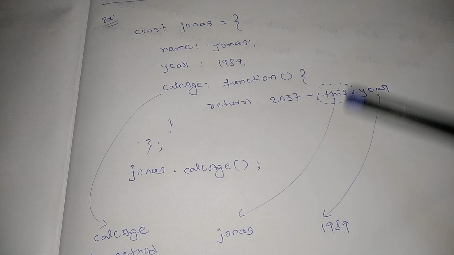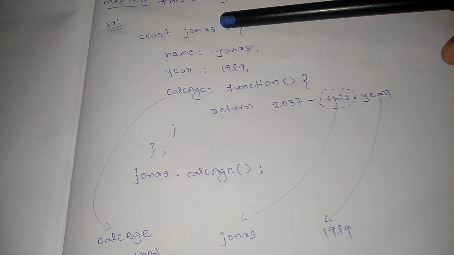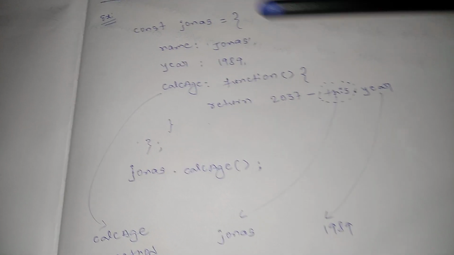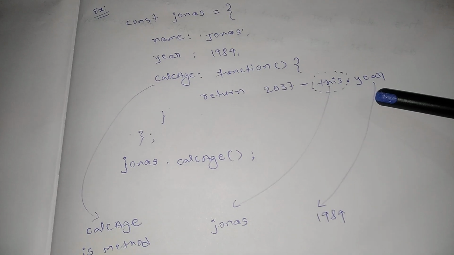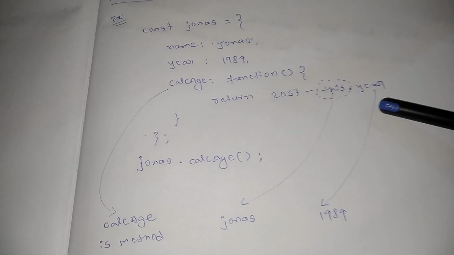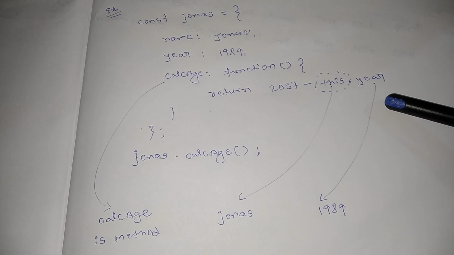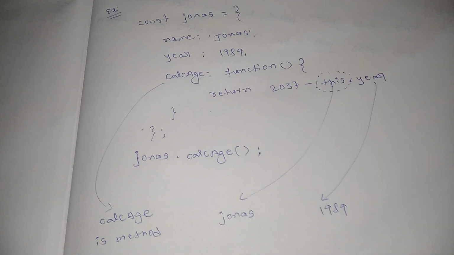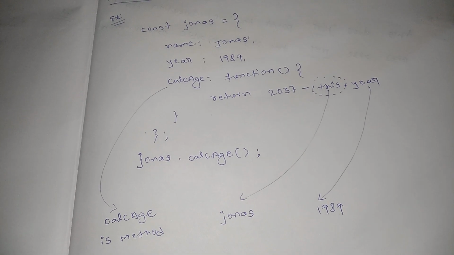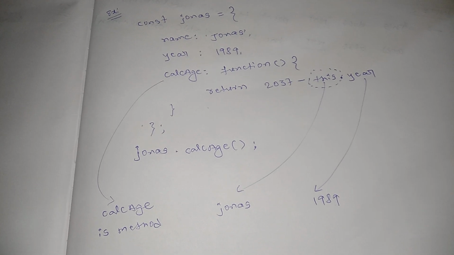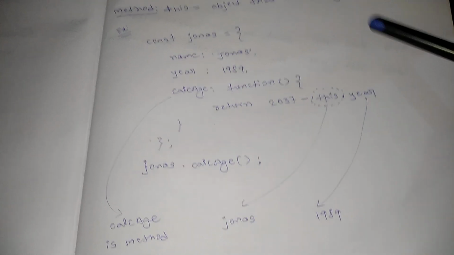It will refer to whichever object is calling, whether it is Jonas, Sam, anything, so it will directly go and take the year from that object. So we can say that the this keyword will be holding, or pointing to, the values of the parent object on which the particular method is being called. So this is how we can call it with the help of a method.